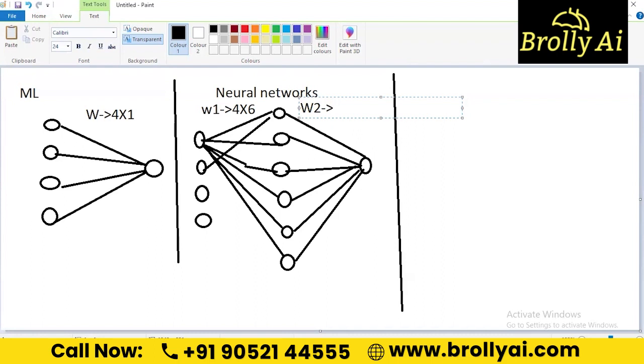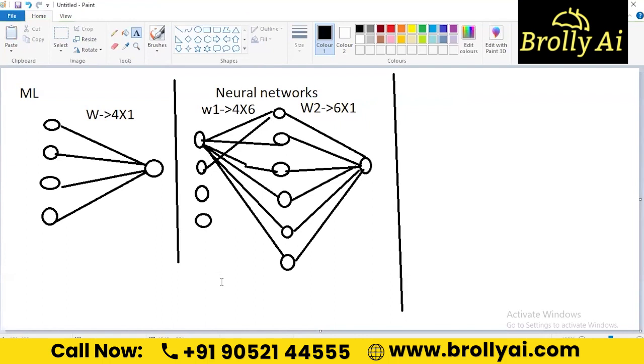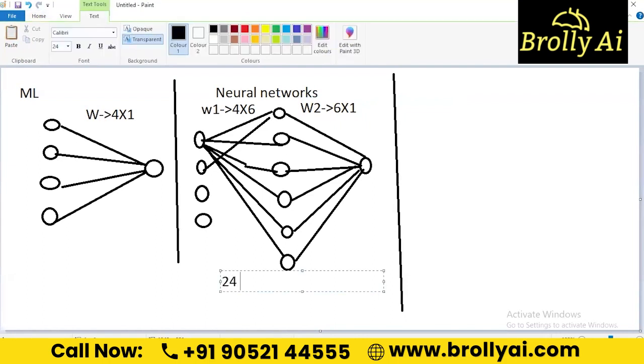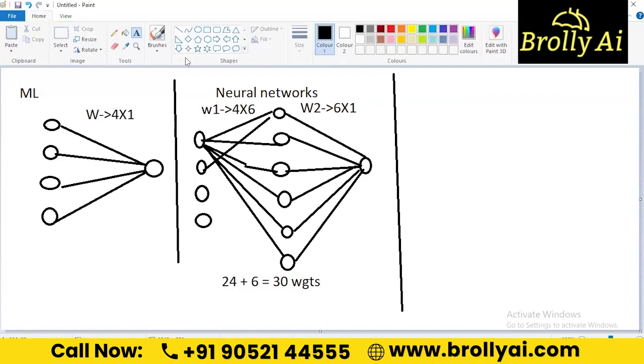It will be 6 by 1, that means 6 rows, 1 column. Total how many weights? Between 1 and 2, 24 weights. Between 2 and 3, 6 weights. Total 30 weights. Okay, so this is the neural network style.